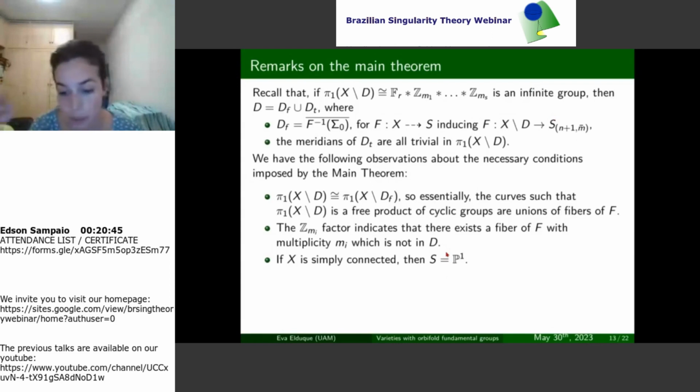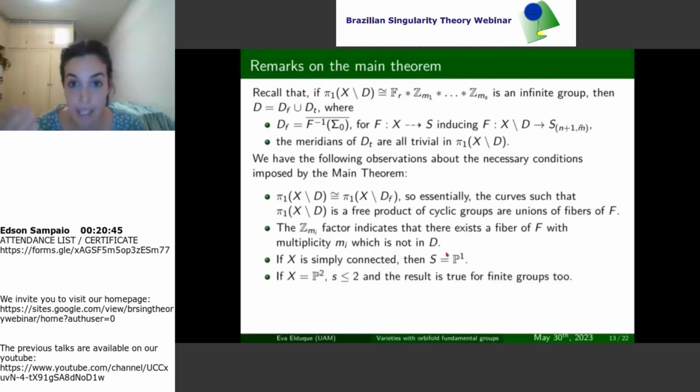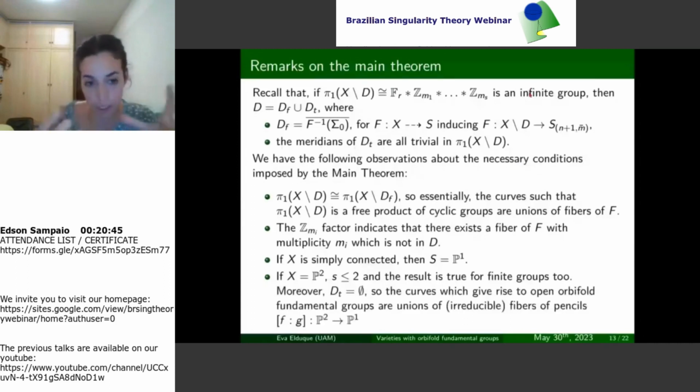So the original motivation to study this was for curves in P2, and in that case, we know that they're going to be given by fibers of pencils to P1, which is easier. And in fact, we don't need the infinite assumption here. So the result for P2 is more general and more concrete.